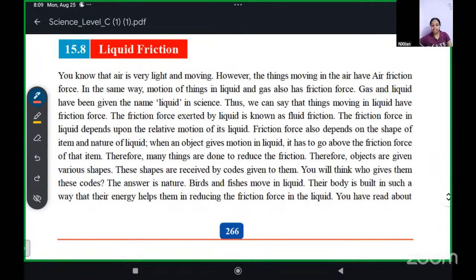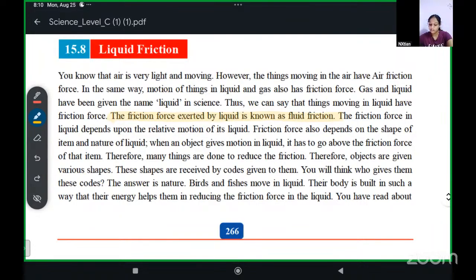We can say that things moving in a fluid have friction force. The friction force exerted by a liquid or a gas is known as fluid friction.